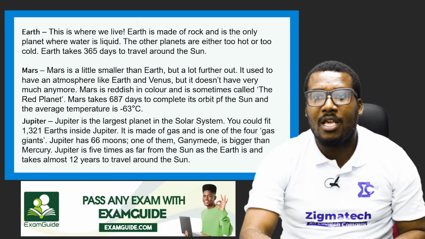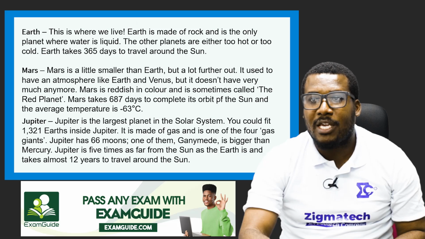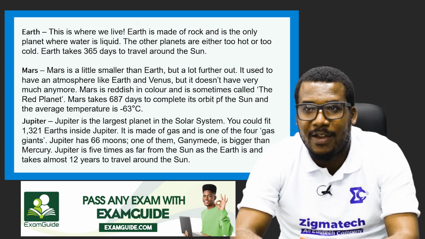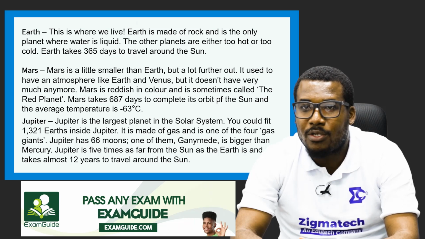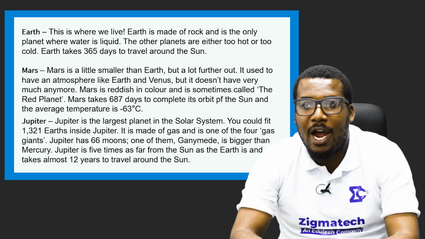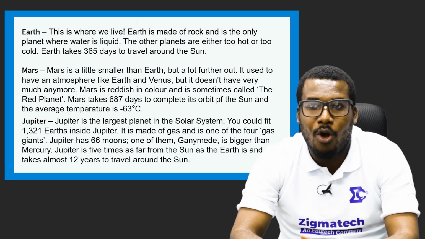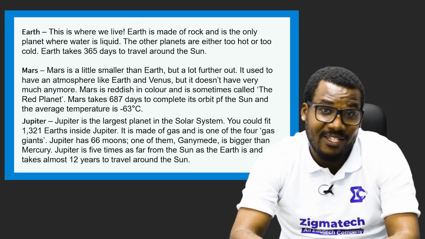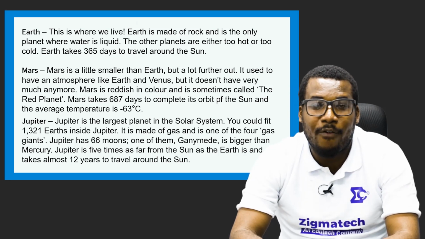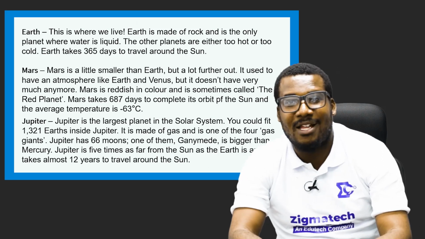Mars is a little smaller than Earth, but a lot further out. It used to have an atmosphere like Earth and Venus, but it doesn't have very much anymore. Mars is reddish in color and is sometimes known as the red planet, or some people call it the red waste, because of the series of catastrophic planetary problems or accidents that have happened on Mars.